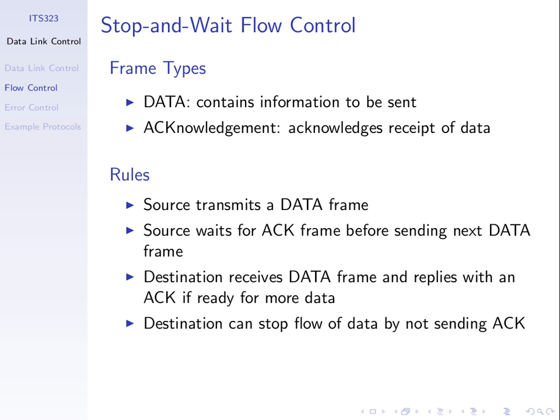So we send a data frame from A to B. When B has processed that data frame, it sends back an acknowledgement saying, thank you, you can now send the next data frame. It sends the next data frame, waits for an ACK. When it receives an ACK, it sends the next data frame, and so on. Send a data frame, stop, and wait for an acknowledgement to come back.